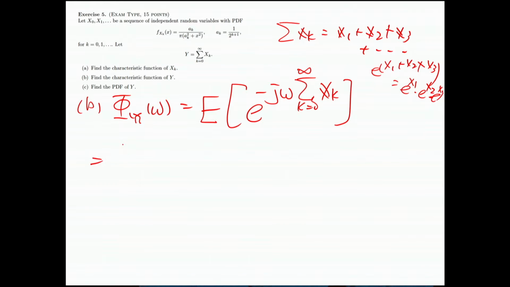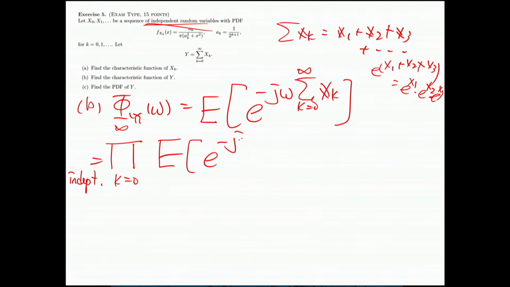So finally, because they are independent, very important, they are independent, I can take the multiplication outside and then the expectation. So it's the product over k from 0 to infinity of the expectation of e to the minus j omega xk.